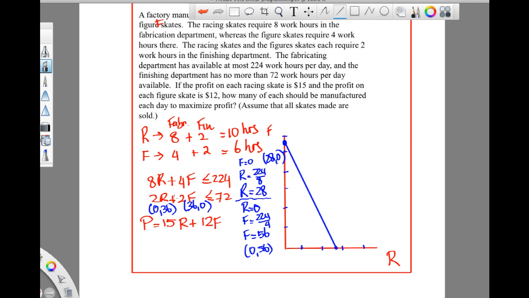And we have a second line, do that in a different color. And that would be at 36 on this axis, so that would be 0, 36, so 10, 20, 30, 36 would be about right there. It's about the halfway point.